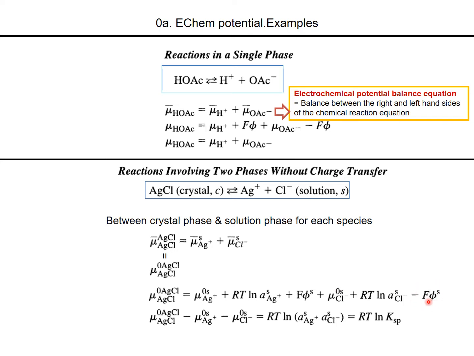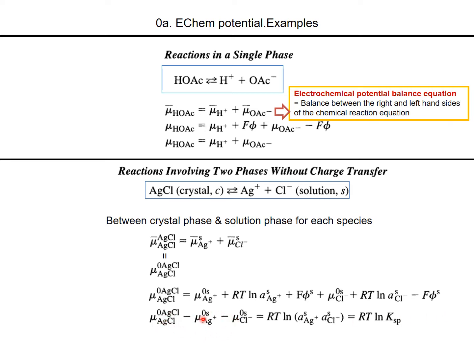Then you could remove those two electric potential terms. And then let me get together the standard chemical potentials for silver chloride, silver plus, and chloride minus onto the left side of the final equation. So those are three things.